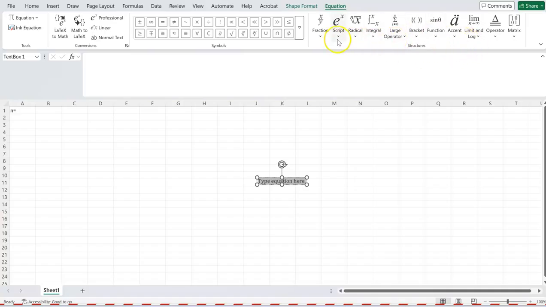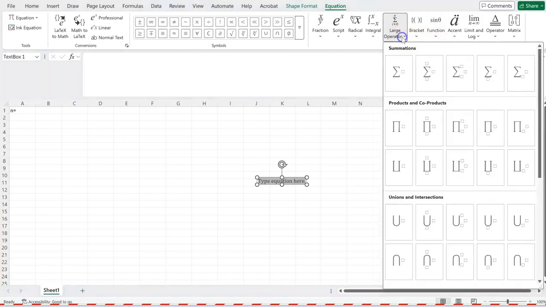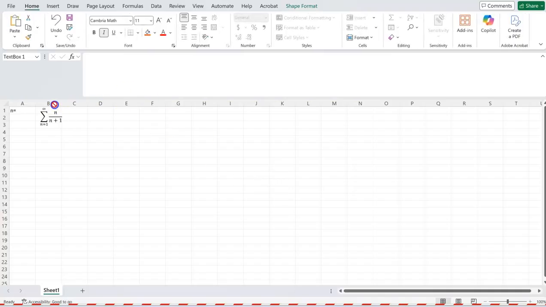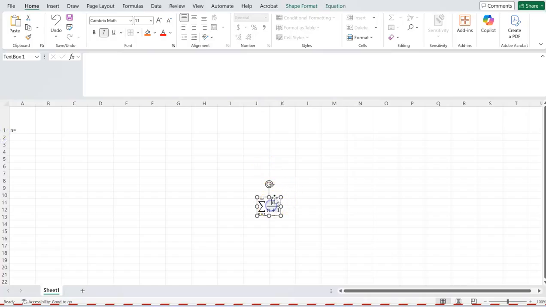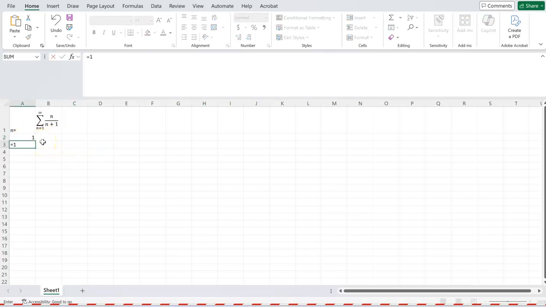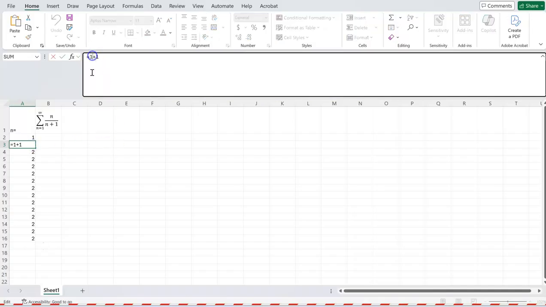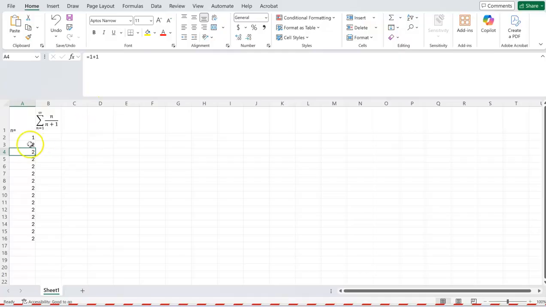So we're looking at the sum n equals 1 to infinity of n divided by n plus 1. Let me fix my formula here. So I'm adding 1 each time.